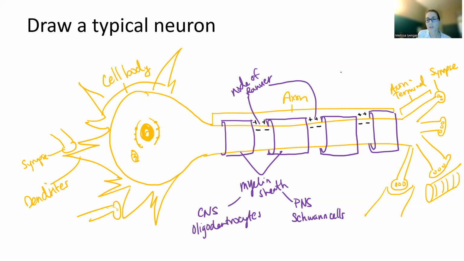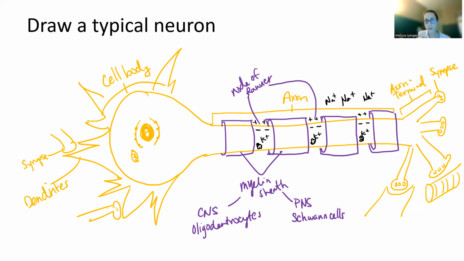The positive charge on the outside is because there are more sodium ions outside of our cell. And the negative is because there is potassium on the inside, but at less quantity, and then you have these really large negatively charged particles that can't actually leave the cell. So it ends up making the inside negative 70 millivolts, and the outside is going to be a positive charge while our neuron's not doing anything, okay?